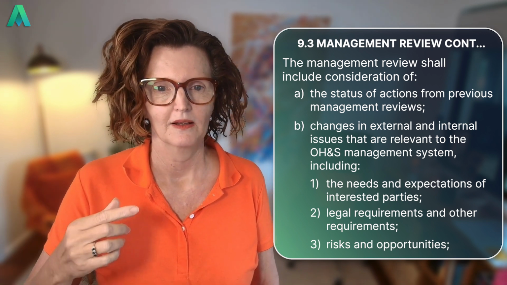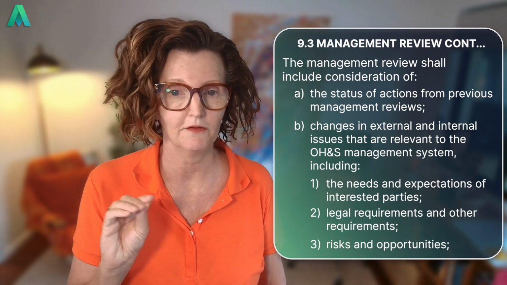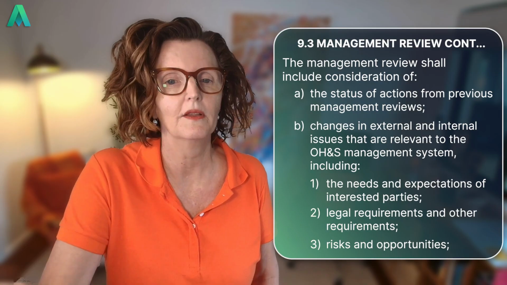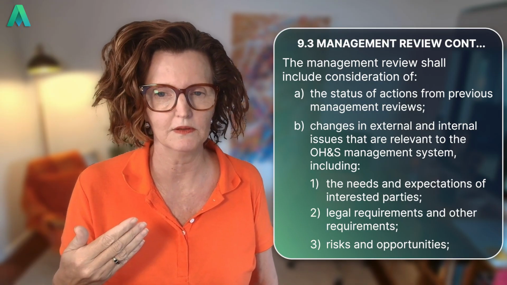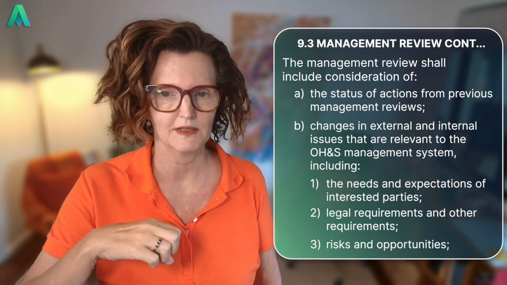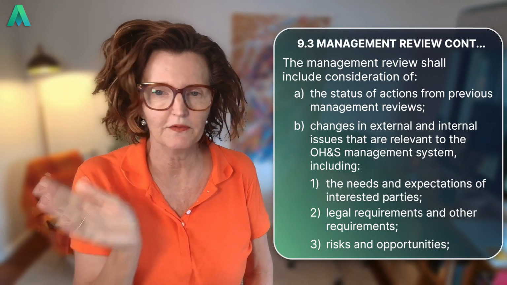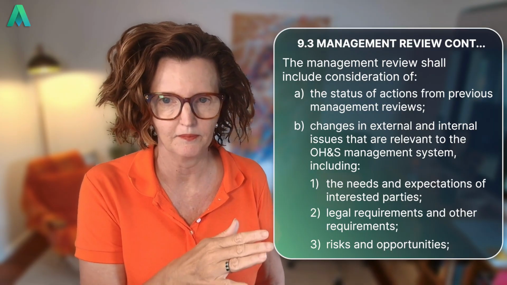So we're really just looping back to what we did in 4.1 when we went through the exercise of, okay, what are these external and internal issues or influences on the business? These external and internal issues, as I said, we've already determined them when we set up our system.